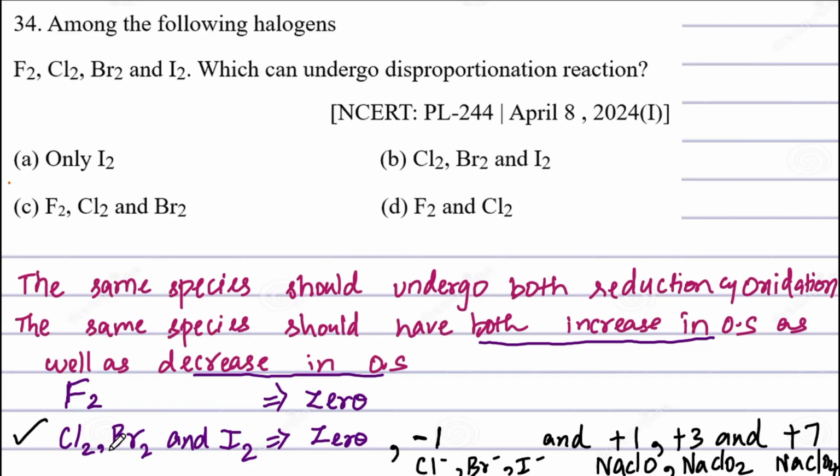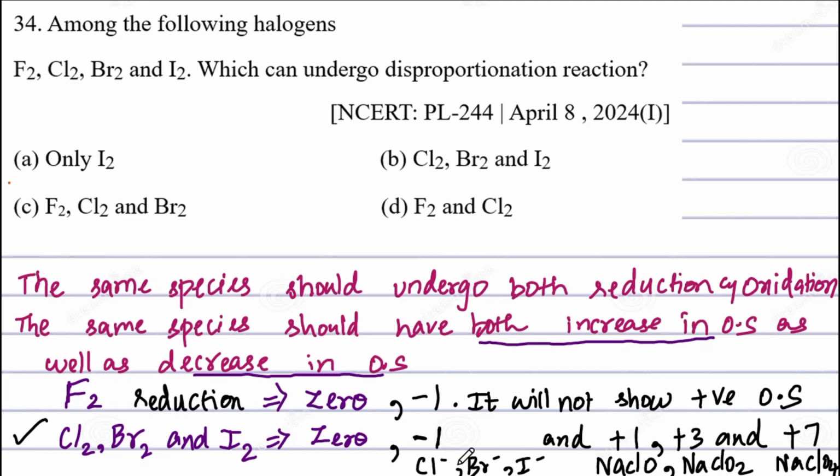So these three species will show both increase and decrease in oxidation state, so they will show the disproportionation reaction. But fluorine, other than the zero oxidation state, will not show a positive oxidation state. So for fluorine, there is only a decrease in oxidation state. It can show only reduction, but it will not show oxidation. There is no positive oxidation state exhibited by fluorine. So fluorine will not undergo disproportionation reaction.